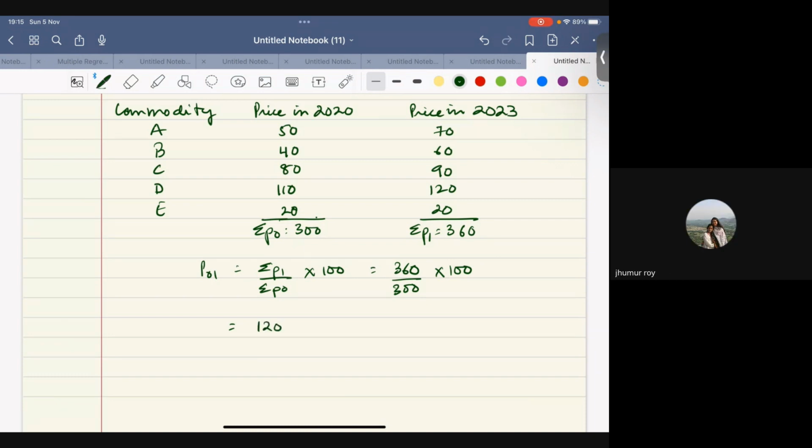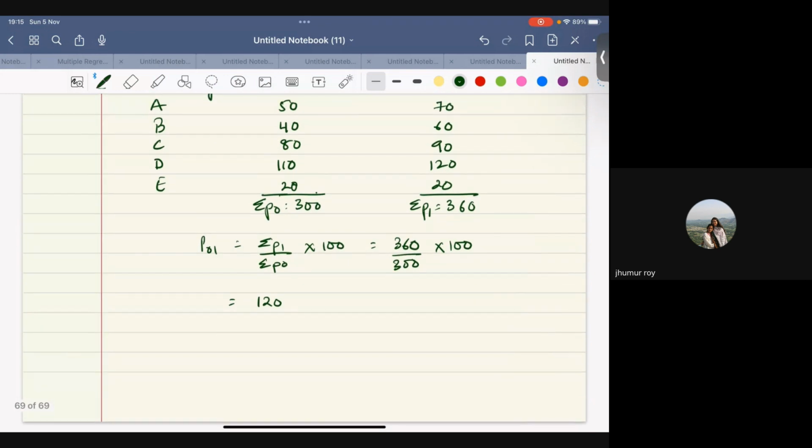Yes. So what do we write as our answer? We will say there is a 20% increase in prices. Why? Because I've taken 100 as my base year price. So from 100 it has become 120. So that's why I say there is a 20% increase in the prices.